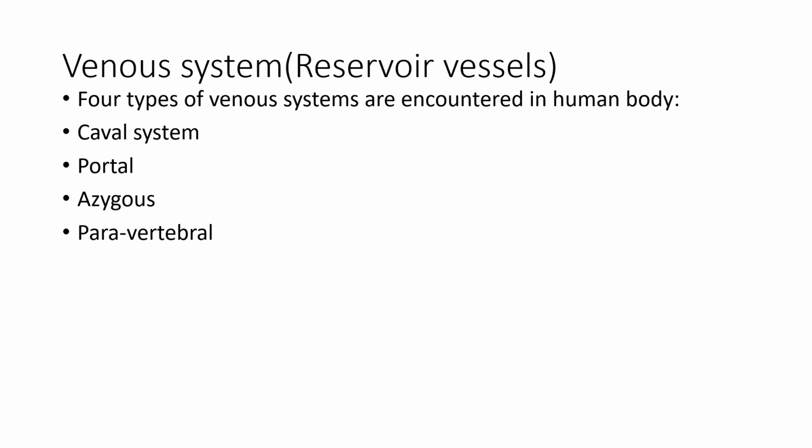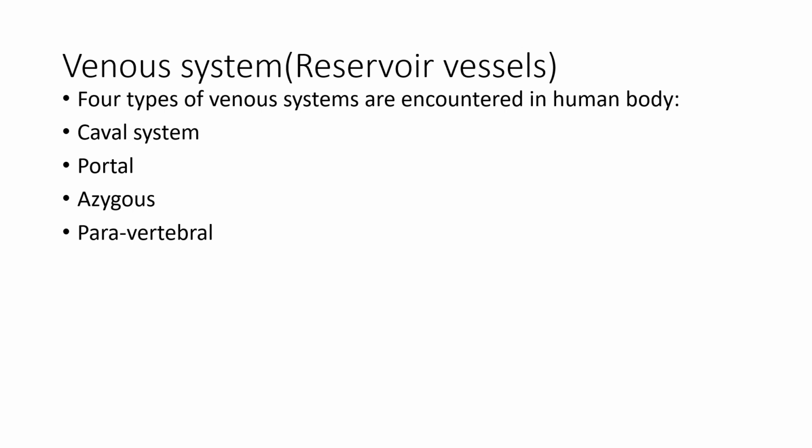And the bronchial veins drain venous blood from lungs by superficial and deep sets of the vein. Then the second system is portal system. Blood vessels which connect two sets of capillaries at their two ends are known as portal veins, and these are found in liver, kidney, hypophysis cerebri, and suprarenal gland.